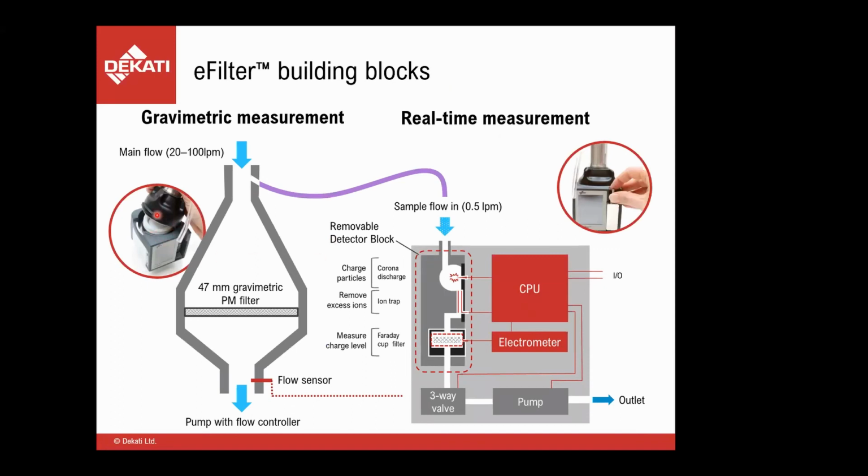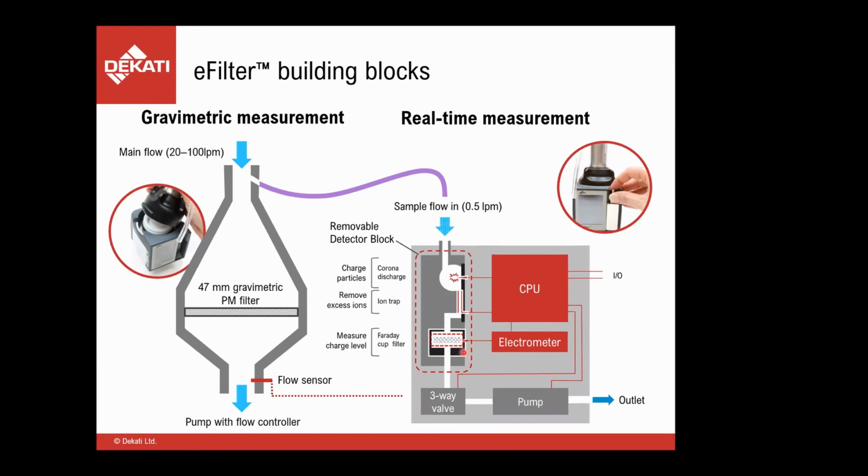We have the 47 millimeter gravimetric PM filter through which we would pull anything between 20 and 100 liters. Of course, in the standard, it's fixed at 2.3 cubic meters per hour for the standard measurement. And then we take a small side flow of 0.5 liters into a corona charger, followed by a trap and a Faraday cup filter to give us our real-time current reading.